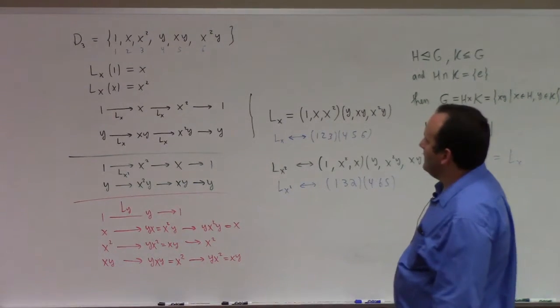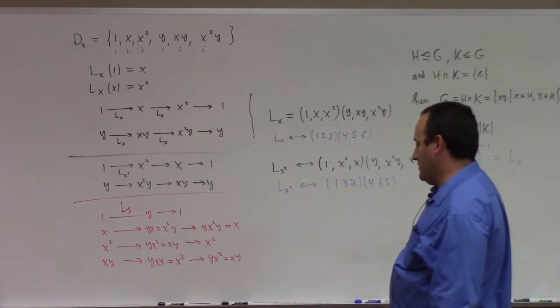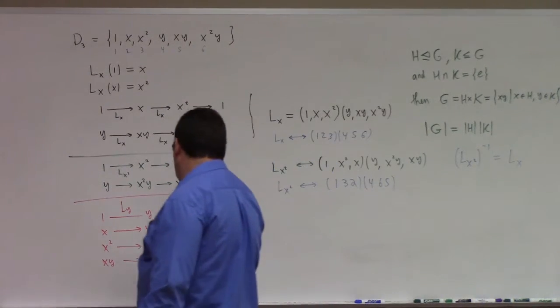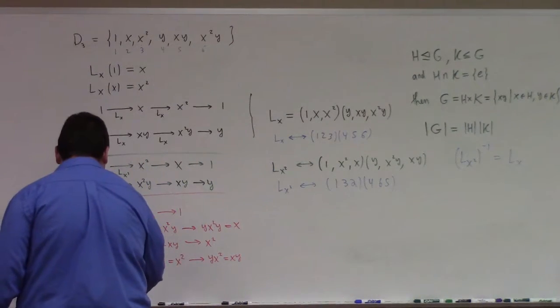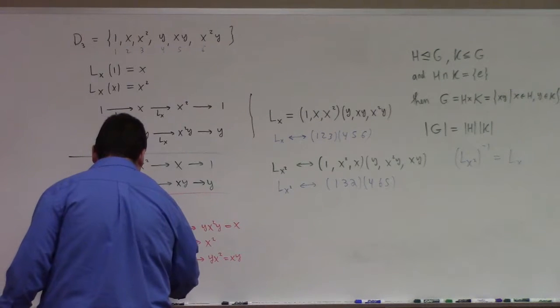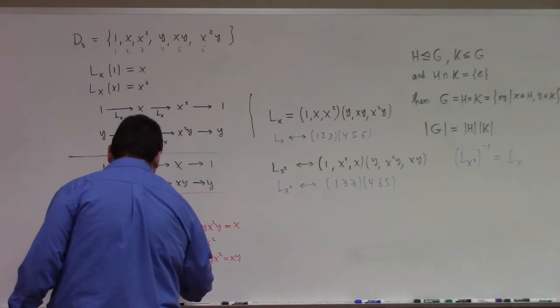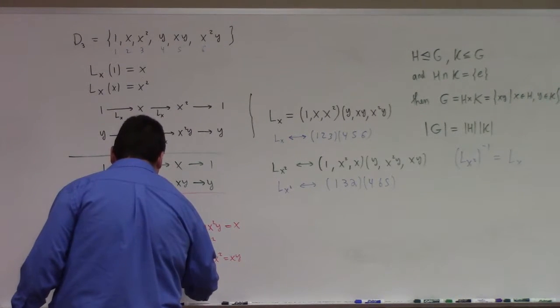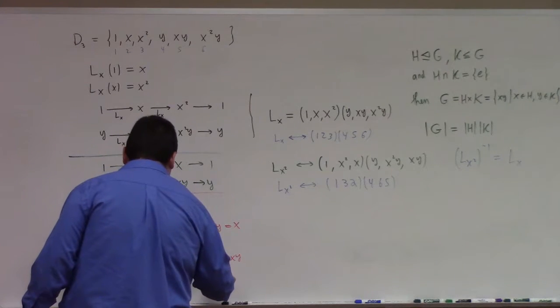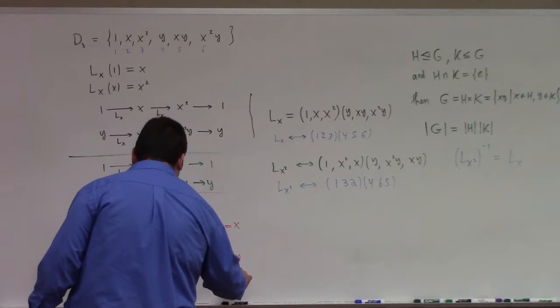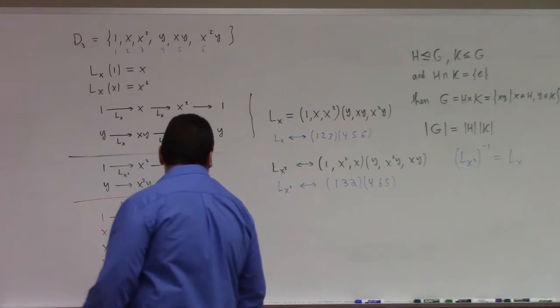Is there anything else? x squared y goes to yx squared y, which is equal to xyy, and then x goes to yx, which is x squared y. Okay, yeah.